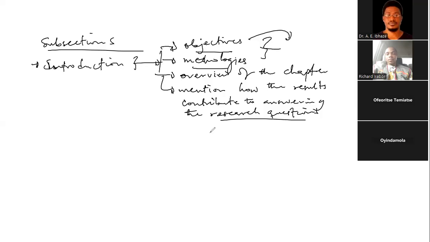Now you realize that you once mentioned your research questions in chapter 1. You provided a brief summary of the methodologies, and then you documented your objectives. Now, this is the time to put all on the scale, to weigh them to see if these have been satisfied.